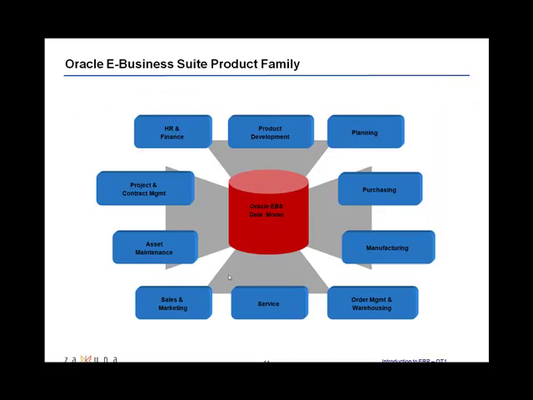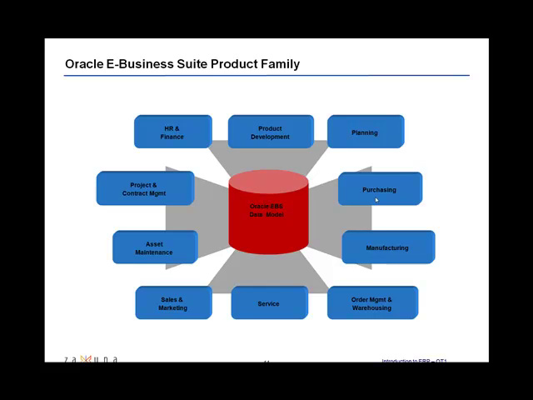Okay, now here is a slide that reflects on the Oracle E-Business Suite. As an example, Oracle EBS has close to 200 plus modules, and this slide identifies them at a high functional level. It has HR and finance, and the product development section has a set of modules.